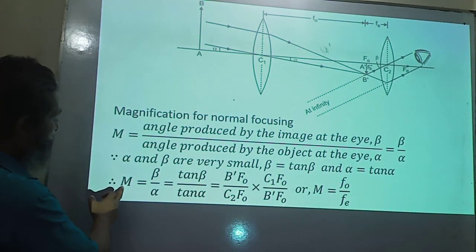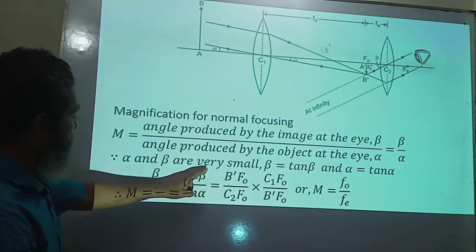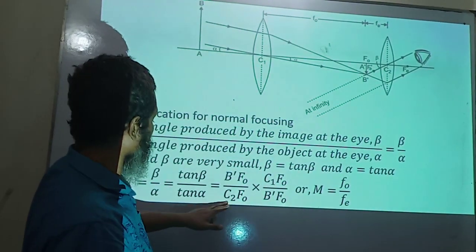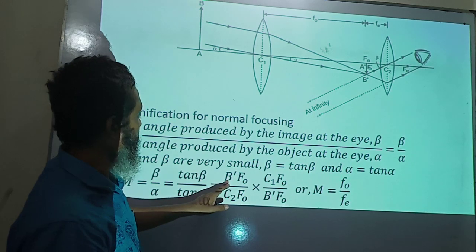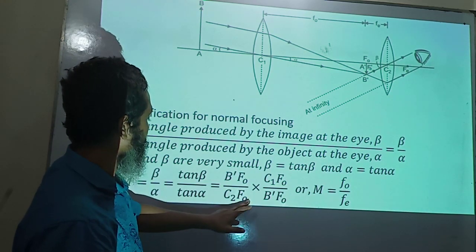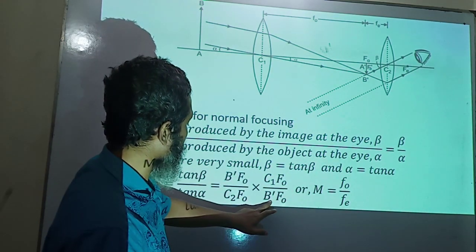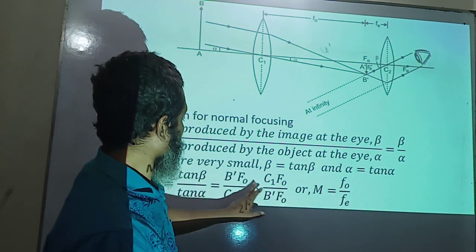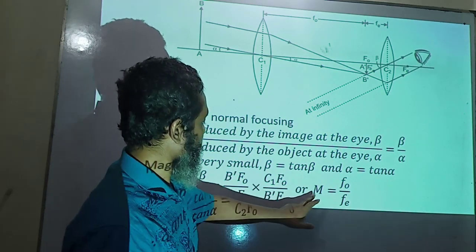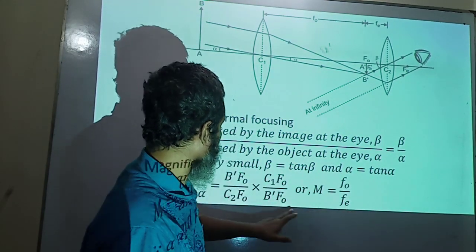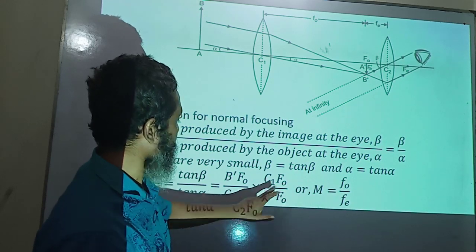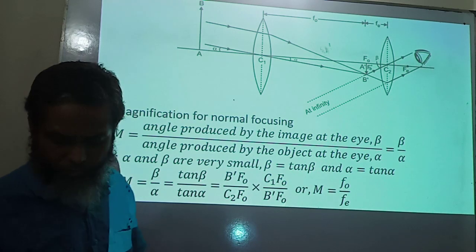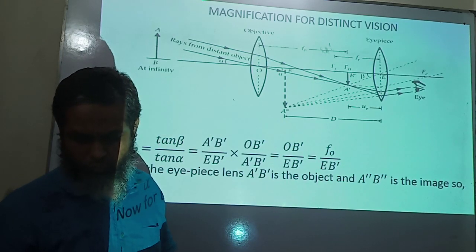Therefore m is equal to beta by alpha is equal to tan beta by tan alpha, and from this figure tan beta is equal to b prime f naught by c2 f naught into c1 f naught by b prime f naught. Okay, these two cancel each other. Therefore m is equal to c1 f naught by c2 f naught, that is f naught by fe. This is the magnification for normal focusing.